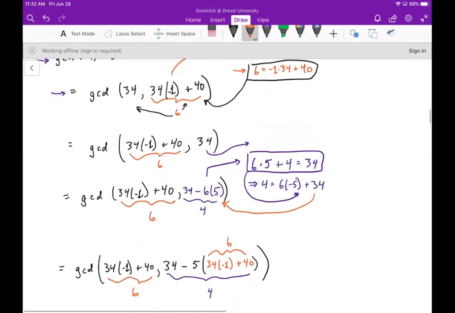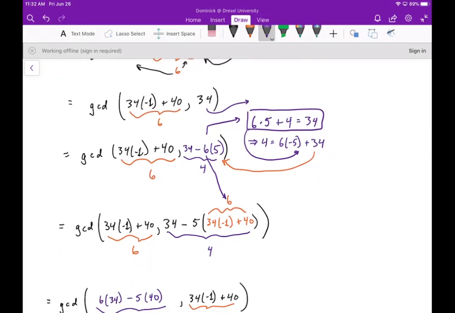Now, we wanted to write this as a linear combination of 34 and 40, and I've lost that right now. So we're going to substitute for this 6 our original expression for 6, which was 34 times -1 plus 40. So now we have a 34 and then minus 5 times -1, so plus 5 times 34.